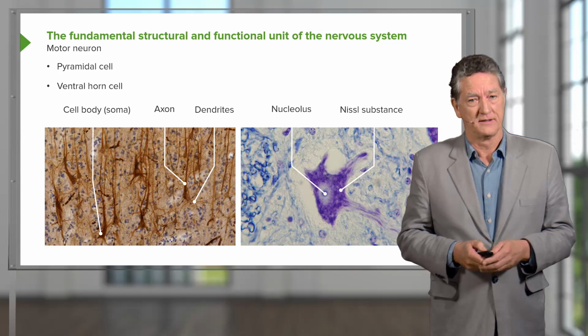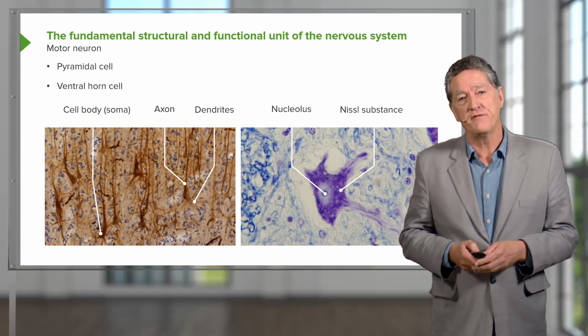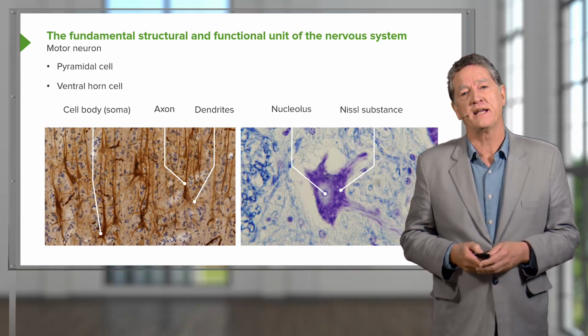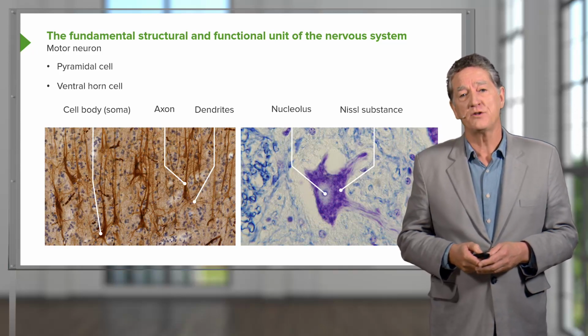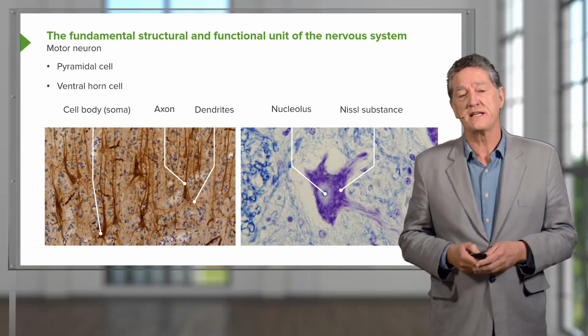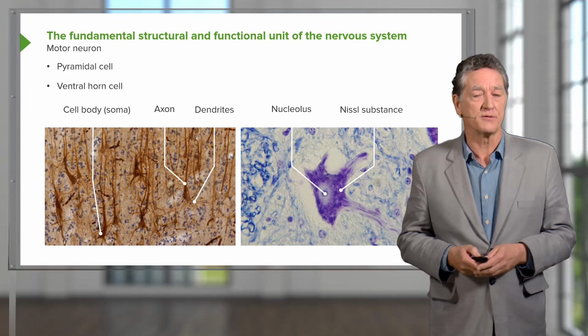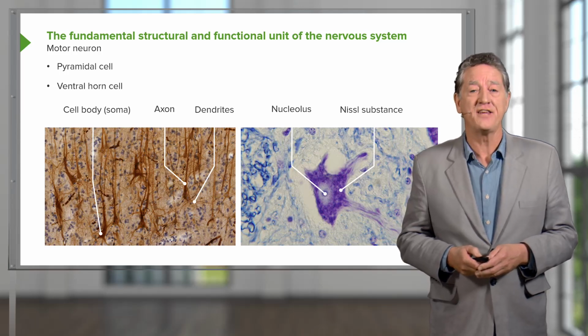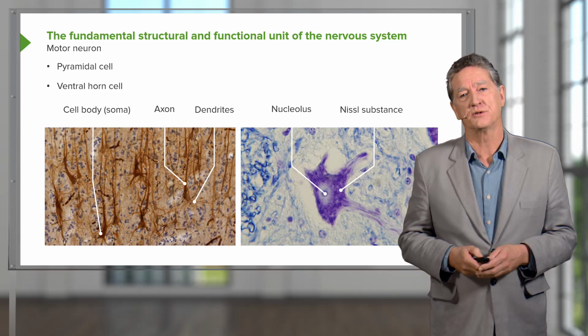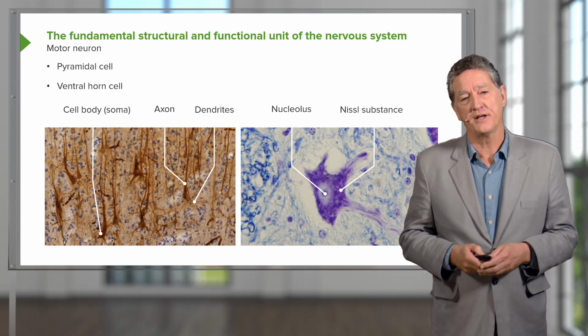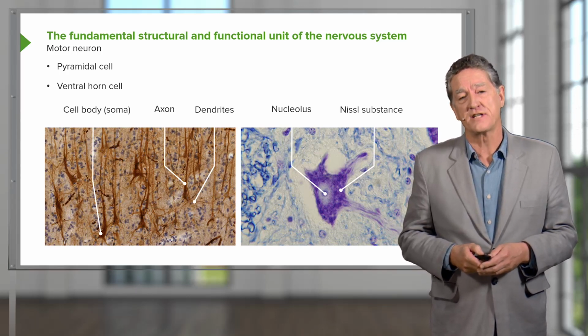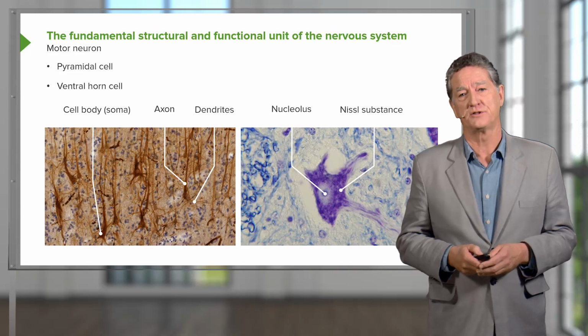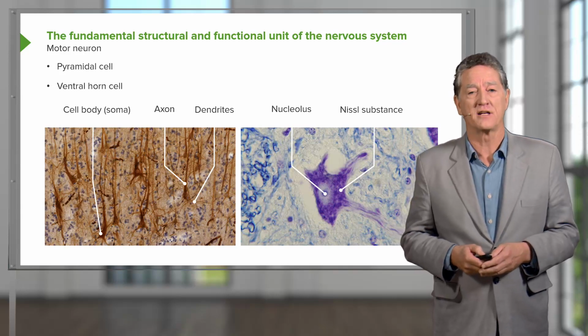And there, they communicate with these ventral horn cells you see on the right-hand side. Those ventral horn cells sit in what we will term later on and describe later on as the ventral horn of the spinal cord. And these pyramidal cells then stimulate these ventral horn cells to then innervate skeletal muscles.